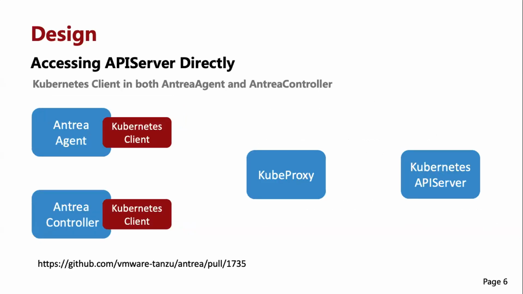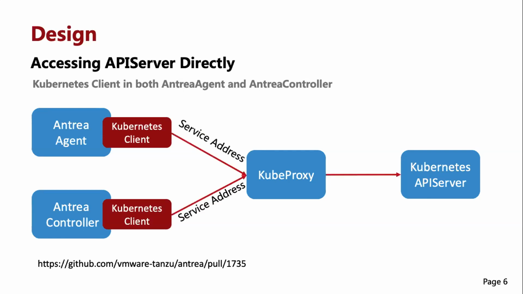In the current implementation, we use the in-cluster kubeconfig to set up the connection of the Kubernetes client. In the replacement design, we need to change the server address from the service address to the IP address connecting to the Kubernetes API server. There is a PR 173 filed for supporting this in Antrea agent. We also need a similar PR for the Antrea controller.